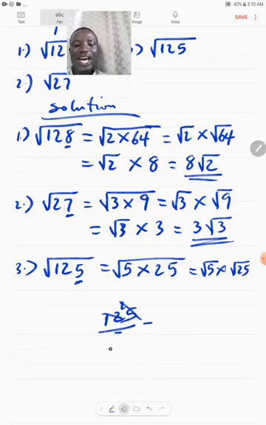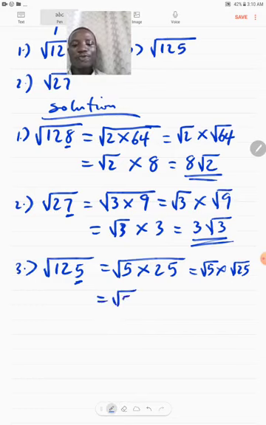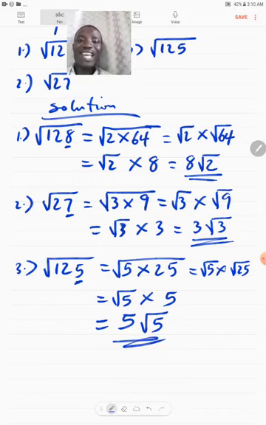Now that I have root 5 times root 25, then I can write root 5 times 5, because square root of 25 will give me 5, and that will give me 5 root 5. So exactly this is how we go about simplification of single surd.